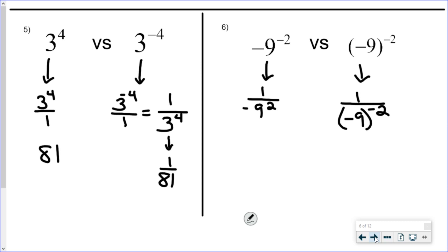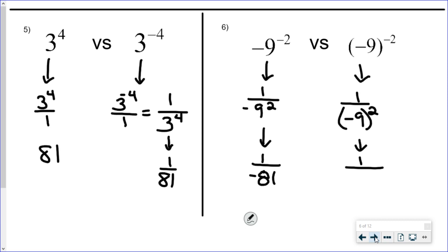Now be careful, if you put these in your calculator, this side really means negative 9 times 9. That's actually that answer. This one on the right means 1 over negative 9. Whoops, I do the mistake too.